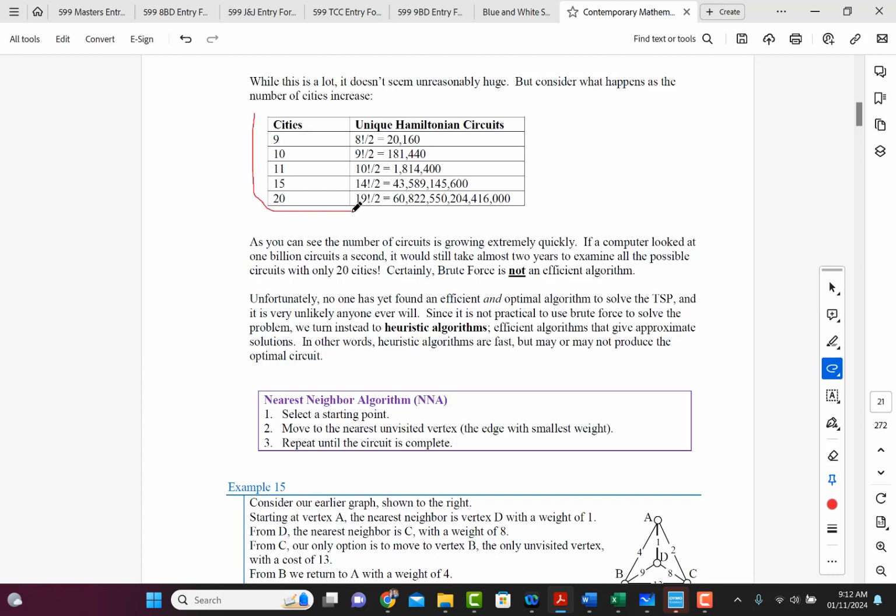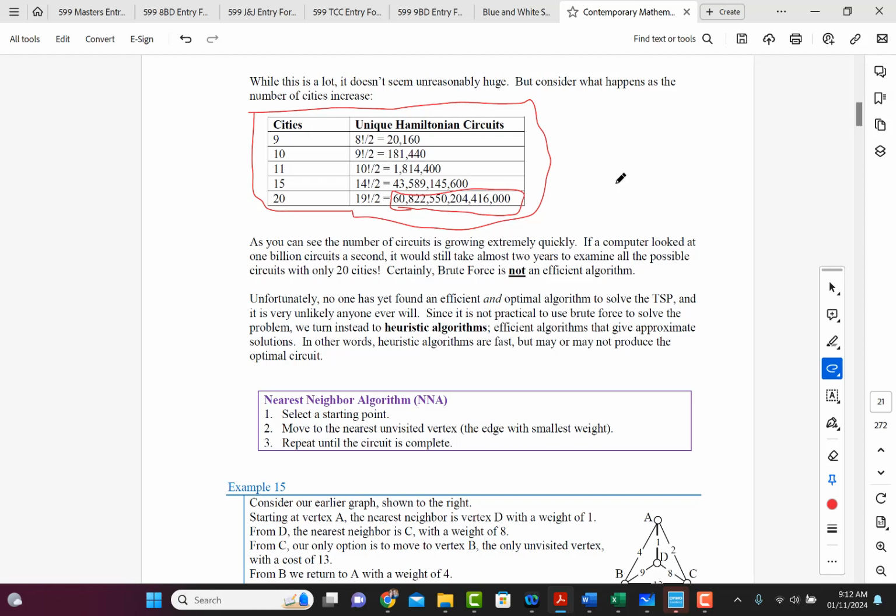I mean, by the time you get to 20 cities, you're looking at a huge number of unique routes. That would be just impossible to do. Okay, so as you can see, the number of circuits is growing extremely quickly.